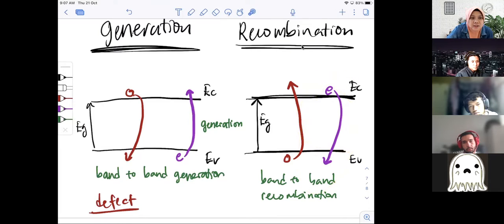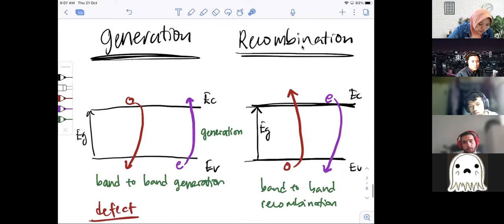However, before it can recombine, generation needs to happen, right? You need to have an electron over here first, otherwise there's no recombination. So what does the electron do? The electron will move here, move there, until it finds a pair where it can recombine.